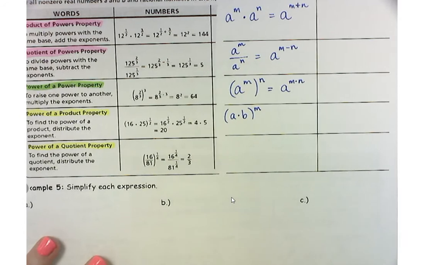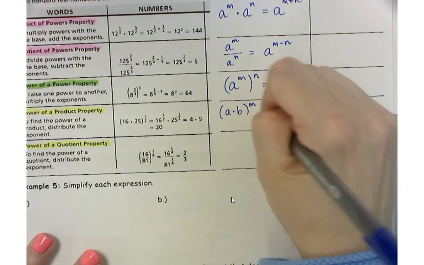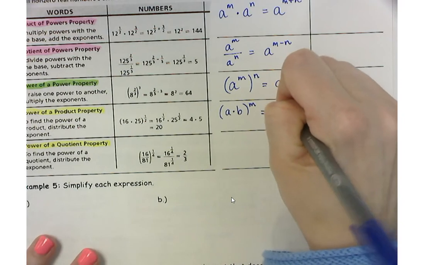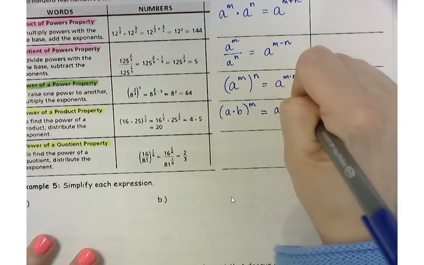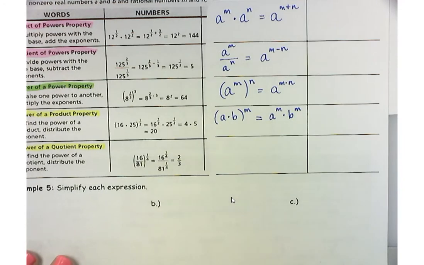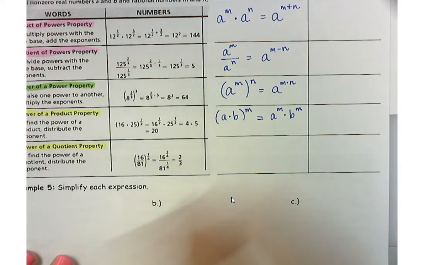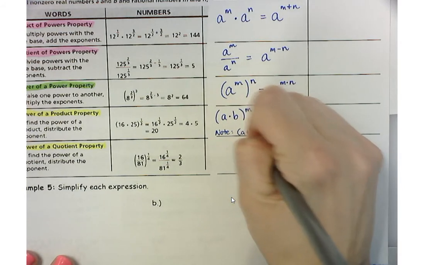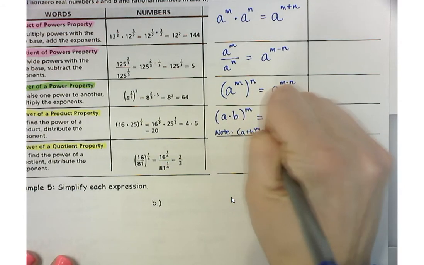It's a to the m times b to the m. I also want you to just note that a plus b to the m does not equal a to the m plus b to the m. That's not true.